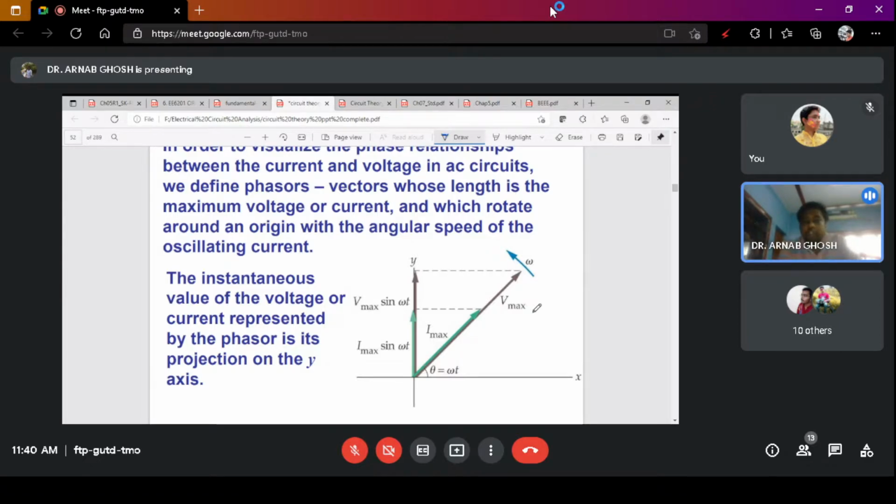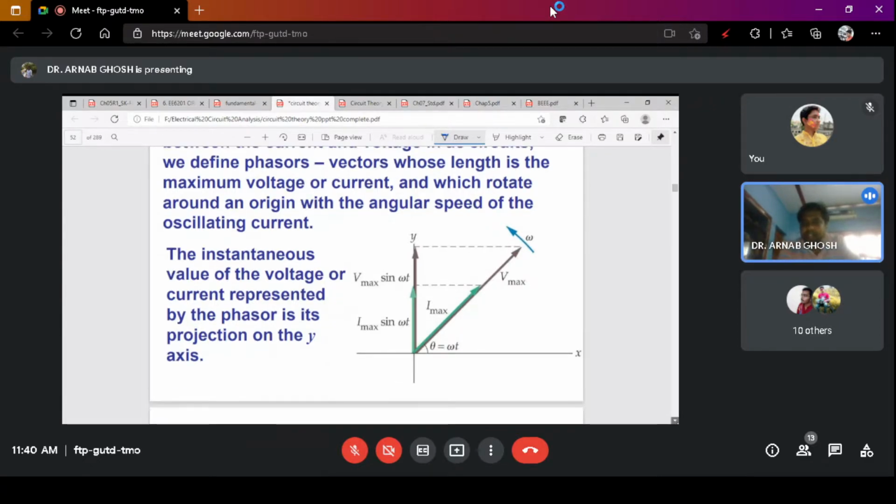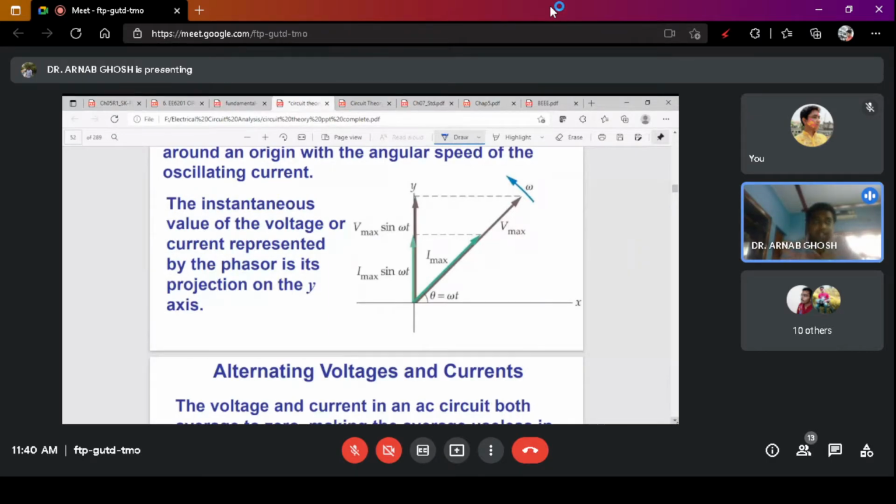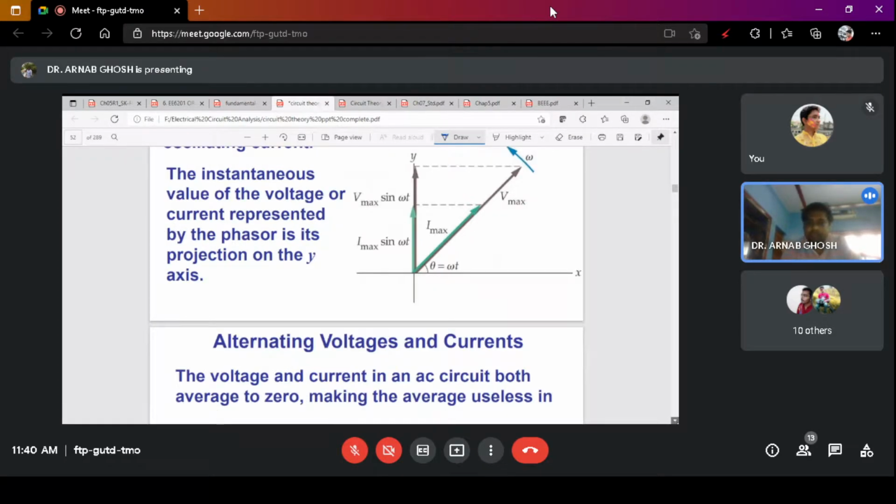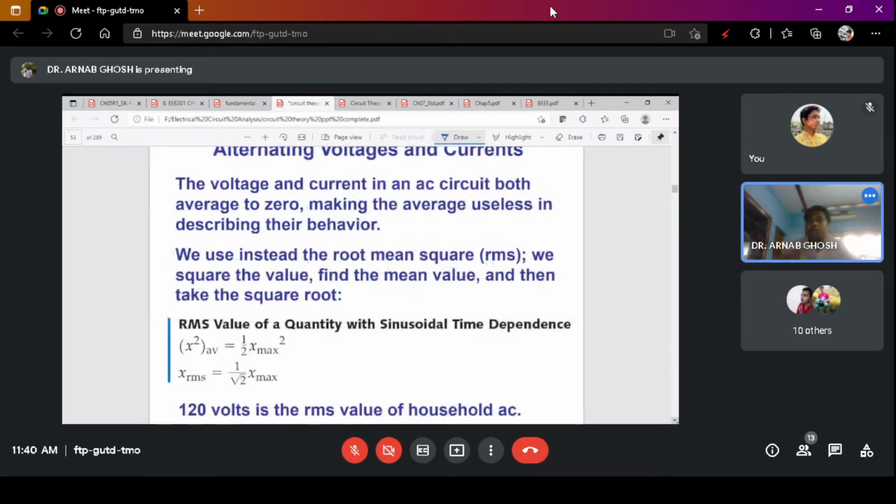So this is for the resistive circuit. You already know that for a resistive circuit, the current and voltage waveforms or phasors are in sync with each other. For an AC circuit, if you calculate the value of the voltage and current, both will average to 0.